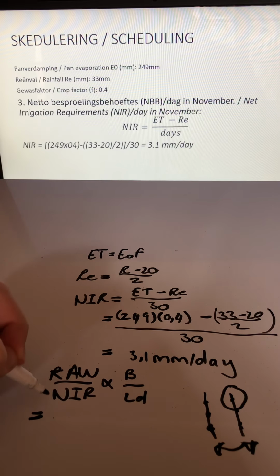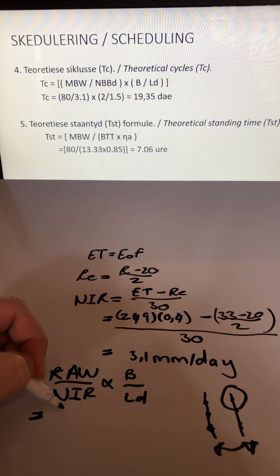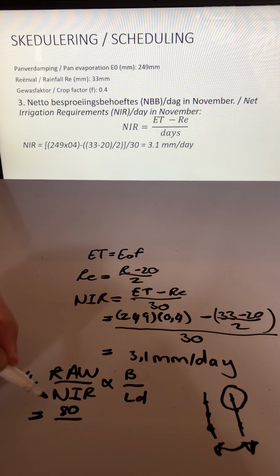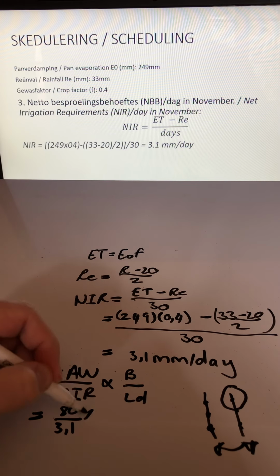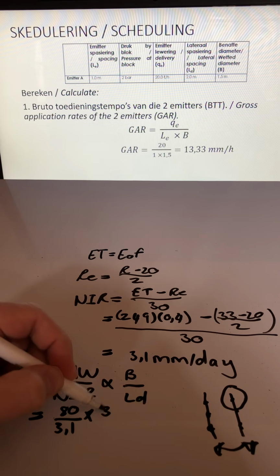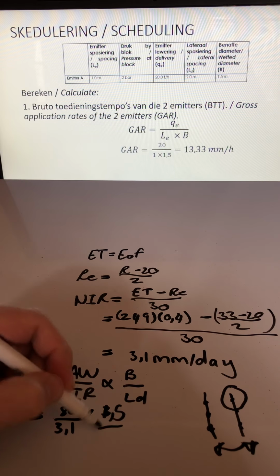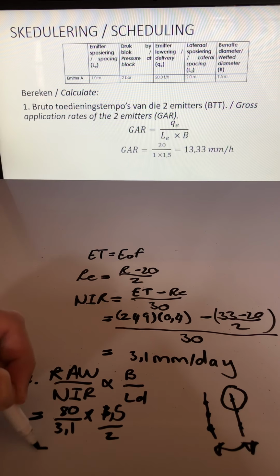So the readily available water, we can read from here again, is that 80 millimeters. So you can put that 80 in, divided by your net irrigation requirement, which was 3.1, multiplied by B. So B from the first one, you can see that value is the diameter, which is 1.5, divided by your lateral spacing, which is 2.